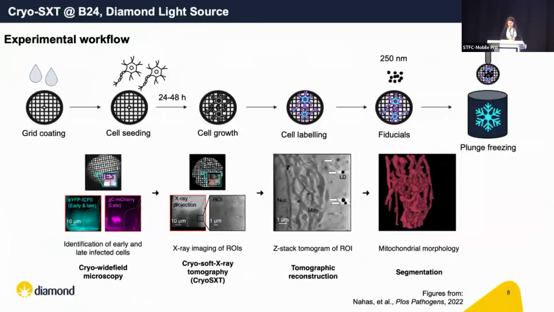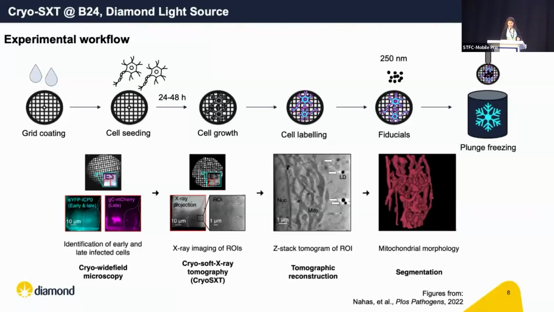In general, the experimental workflow does not only include the acquisition of the data on the Beamline, but also includes the sample preparation, which is schematically summarized in here. So we provide support from preparing grids by seeding the cells on the grids all the way until plunge freezing. But also we provide support in exploring the distribution of the cells in the grids, and especially trying to understand the position of some region of interest beforehand, before going on the X-ray microscope.